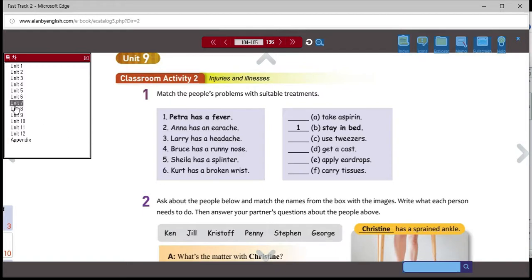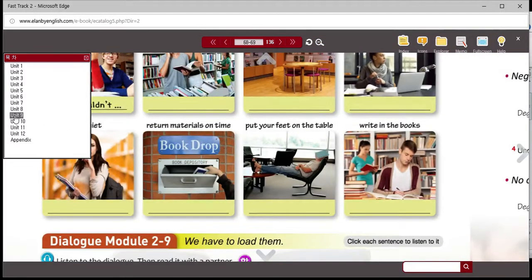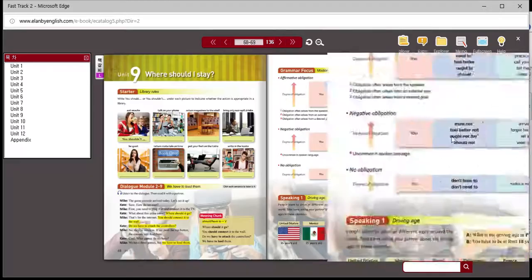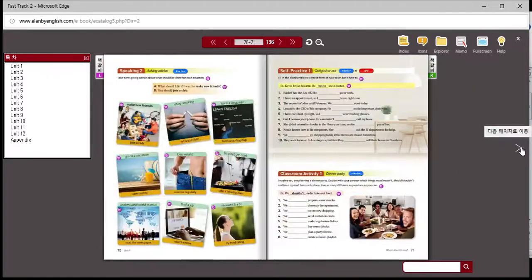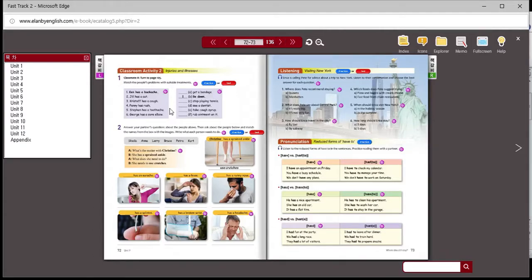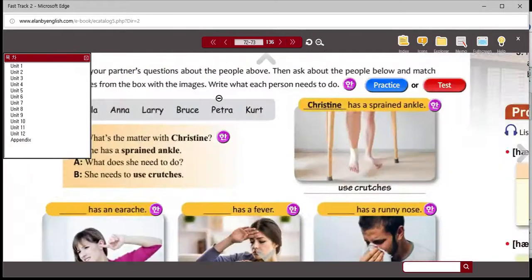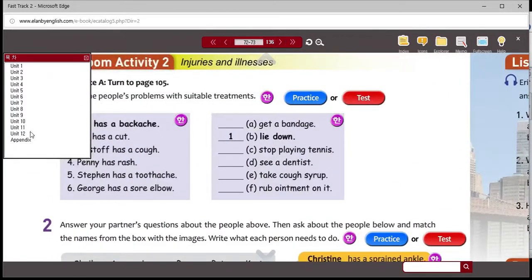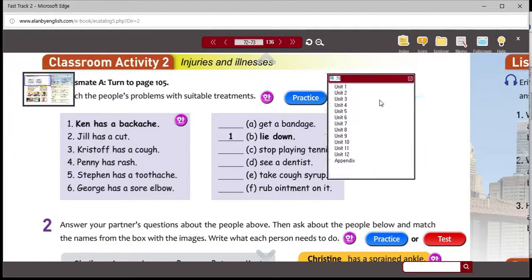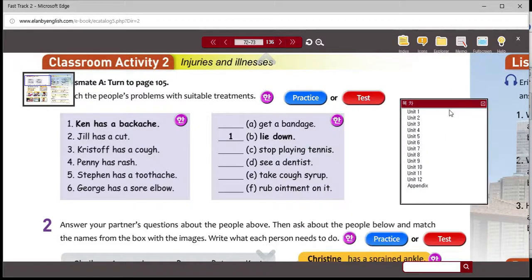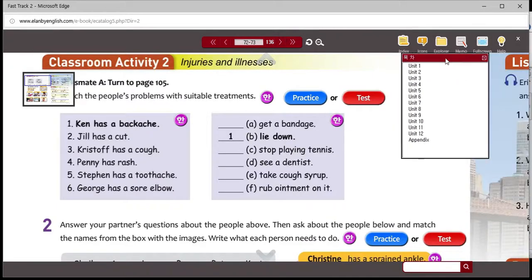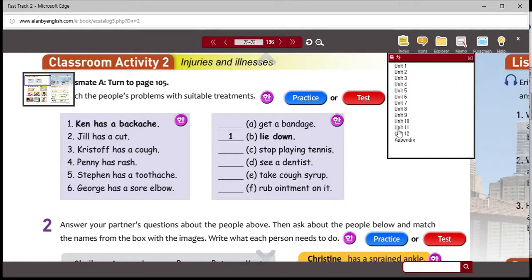I'm just going to look at the one on page 72, and so on page 72, we're going to do the matching exercise here. That allows you to match each of these problems on the left with these treatments on the right.